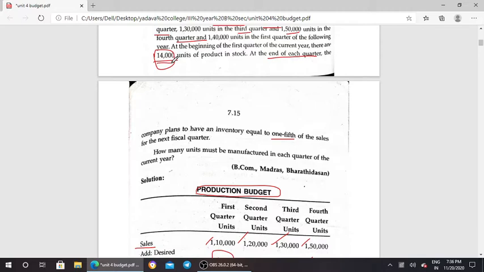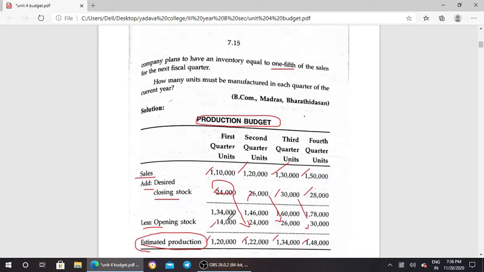The end of each quarter is 1/5 of the sales, that is, 1/5 of the sales will be the closing stock. So with that simple information we have to calculate all these things. The closing stock will be taken from each quarter's sales, 1/5 of it. So, clear?